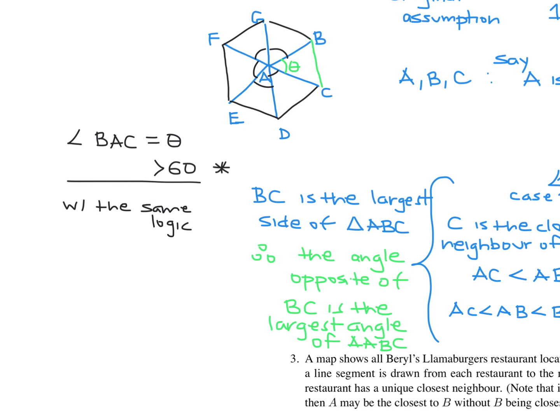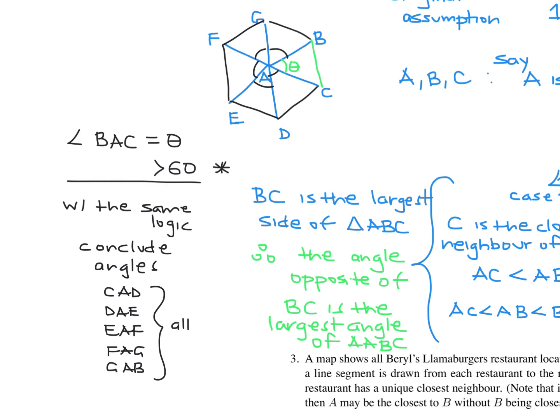So that means we can conclude that all of those internal angles, CAD, DAE, and so on, EAF, FAG, and GAB are all greater than 60 degrees. Okay, great.